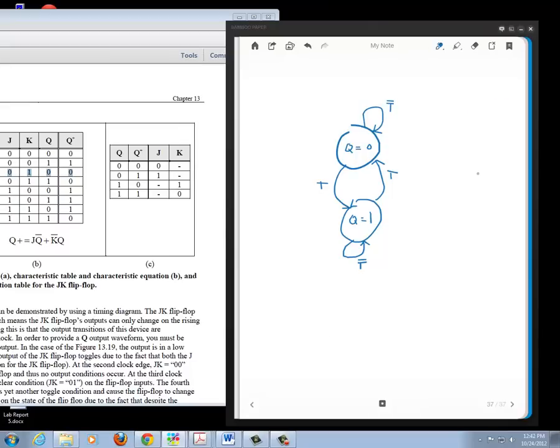Let's go ahead and draw the JK flip-flop on the next page. So again, we have two states. We have the Q equals 0 state and the Q equals 1 state. And we're going to stay in the Q equals 0 when we have J naught, and it doesn't matter what K is.